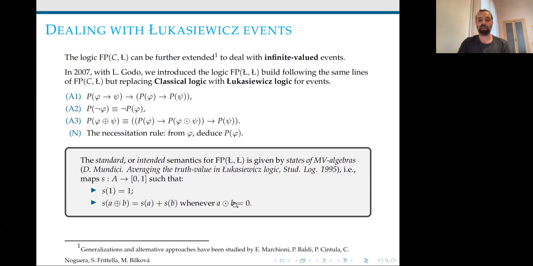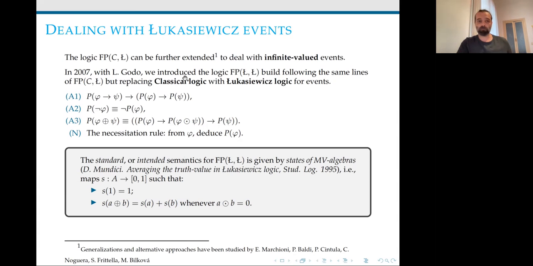So whenever A and B are disjoint in Lukasiewicz terms, so the product of A and B is 0, then the state of the sum of these two events is the sum of the states. So the finitely additive version in MV terms. And this is the reason why the axiom A3 takes this shape here, expressed in terms of the monoidal operation rather than the lattice operation of the logic.